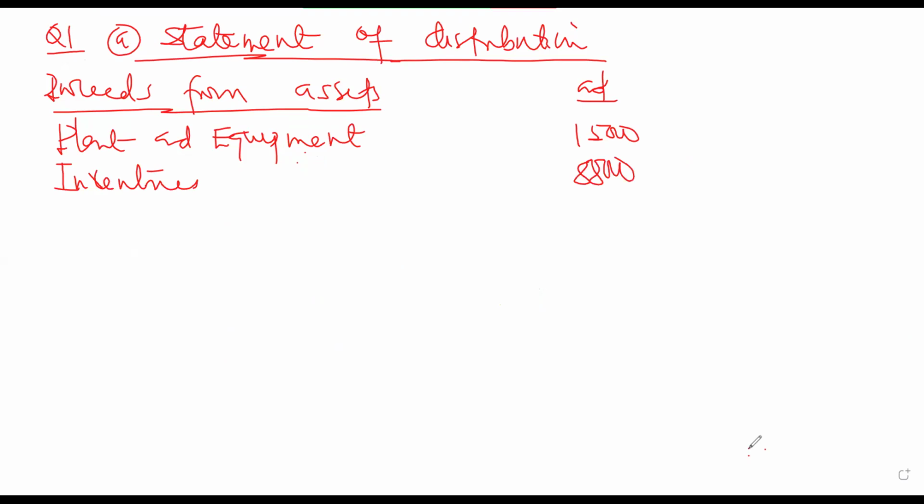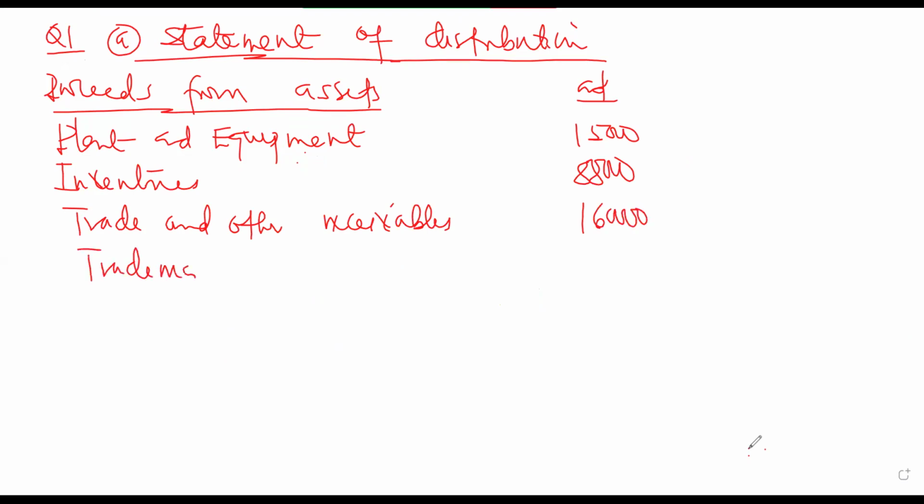Trade and other receivables, 160,000. And trademark, 6,000. Please, unless you are given the value for intangible assets in times of liquidation, we assume that they are going to be surplus.